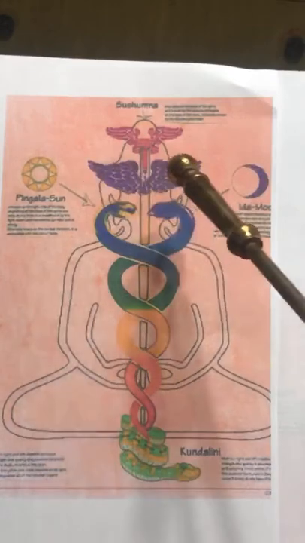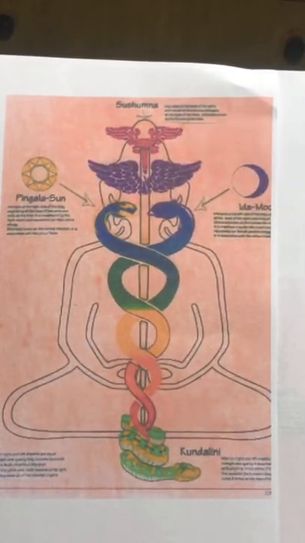Here are the two wings at the Ajna chakra, the eyebrow center, where the kundalini goes up on both sides and gets transformed into wings. The subtle meaning of that is that the Ida and Pingala expand.